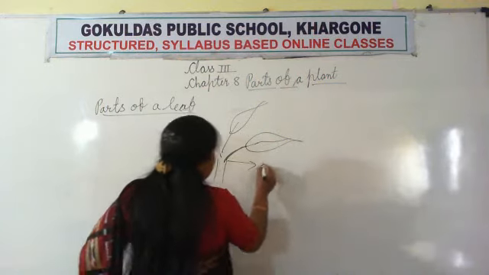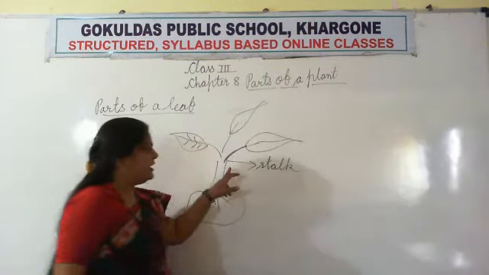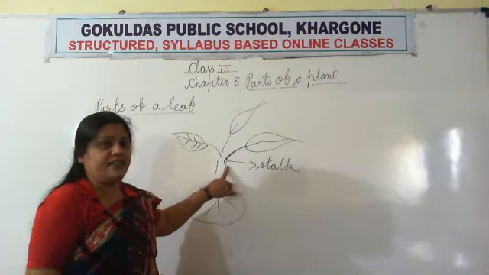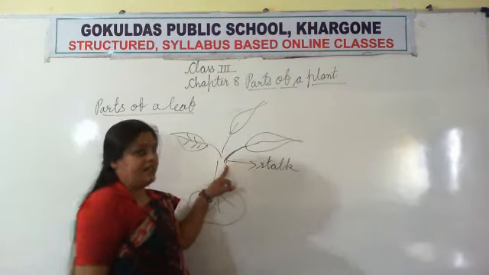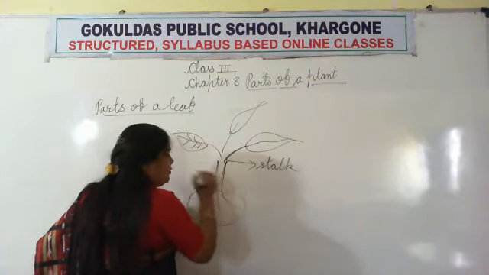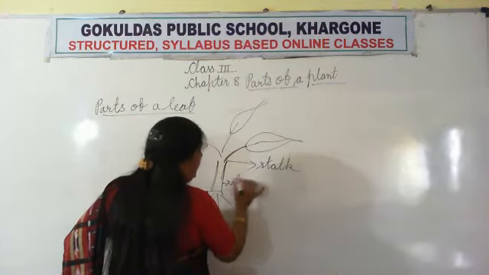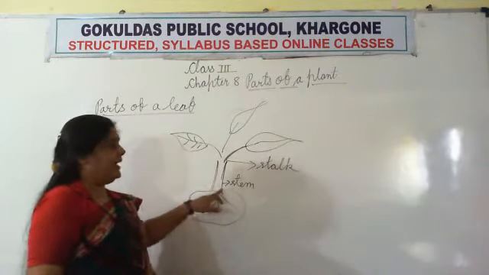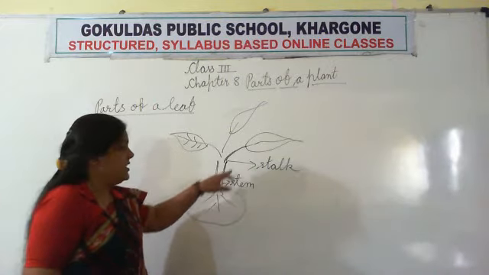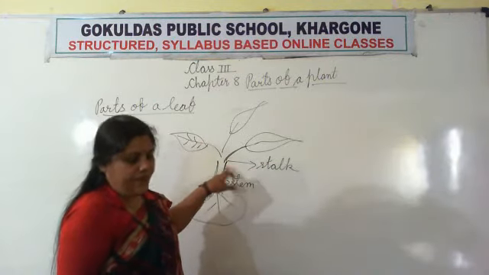So this part is the stalk. What is the name of this part? Stalk. And in Hindi, we call it dantal. And it is attached with the stem. The stem of the tree, in Hindi we call tana, and in English stem. So this stalk is attached with this stem, right?